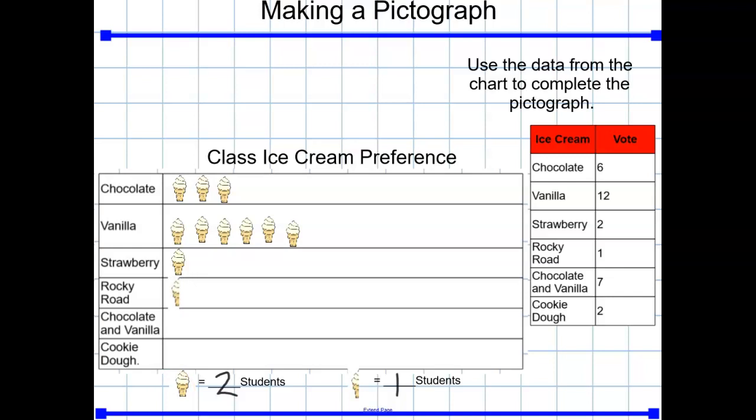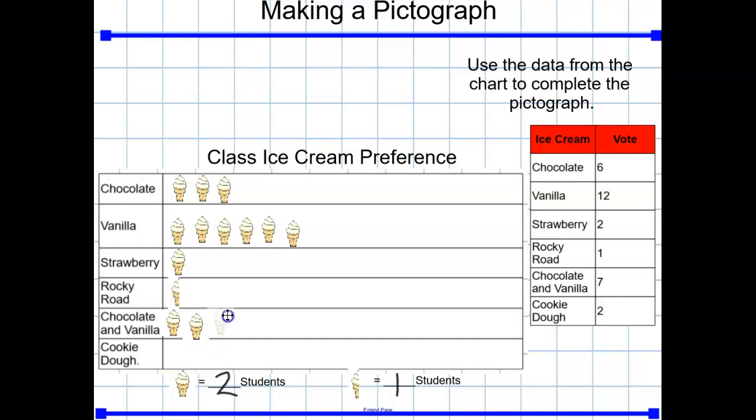So a half of a symbol would be worth 1 student who voted for Rocky Road. Oh my goodness, chocolate and vanilla had 7 students vote as their favorite. Did you guys determine how many ice cream cones I would have to use? And would I need to use any half? You're right. So first I'm going to get to 6 by using 3 ice cream cones by adding 2, 4, 6.